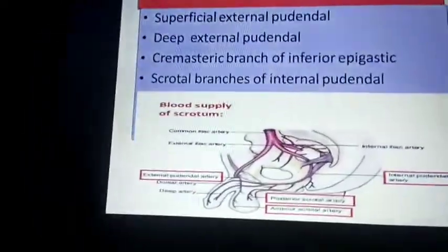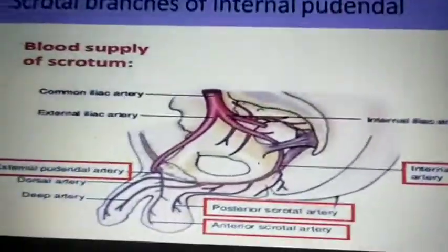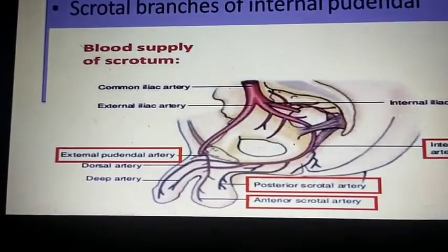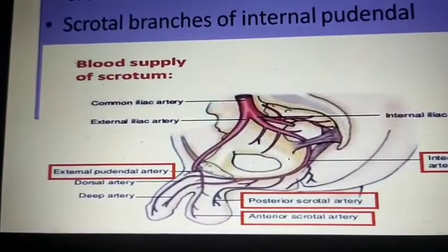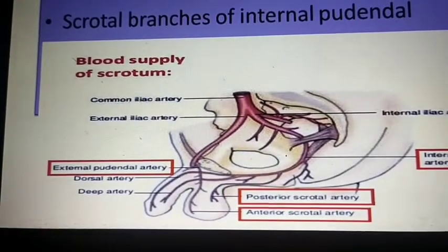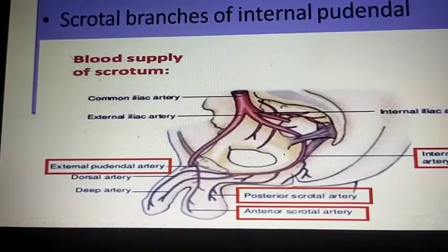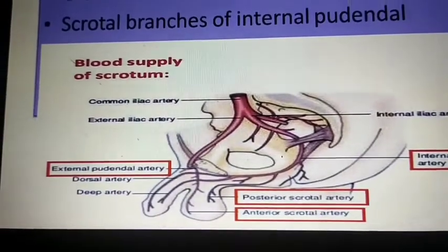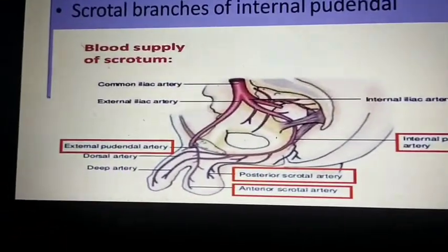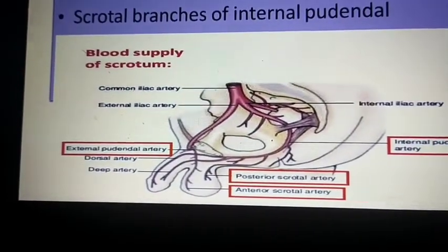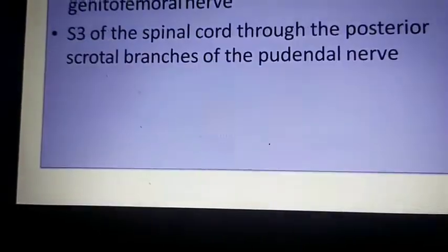This is the blood supply of the scrotum.